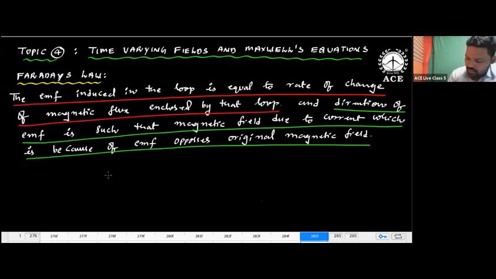That is the EMF induced in the loop, beta. EMF induced in the loop is equal to minus d by dt of psi m. You have been learning this from your childhood, isn't it? V is equal to minus d by dt of psi m.